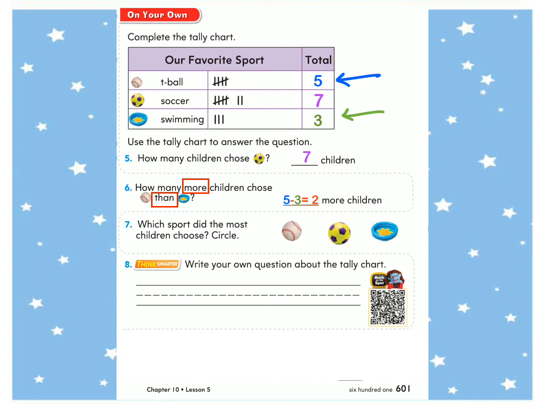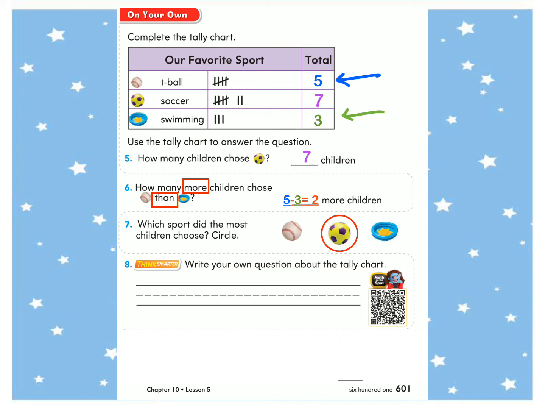Now, number 7. Which sport did the most children choose? Circle your answer. Yes. So it's the soccer because it has 7 and 7 is greater than 5 and greater than 3. Perfect, great one.